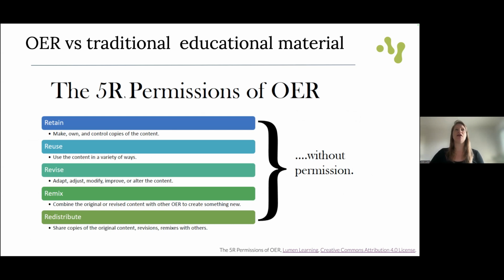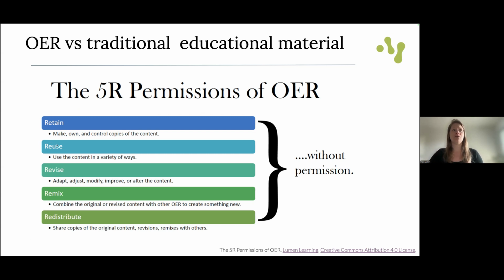And a good way to look at this is the 5R permissions of open educational resources. In opposition to traditional educational material that might be under traditional copyright that you can't reuse, open educational resources allow you to retain the resource. So this means that you can have copies of the content.